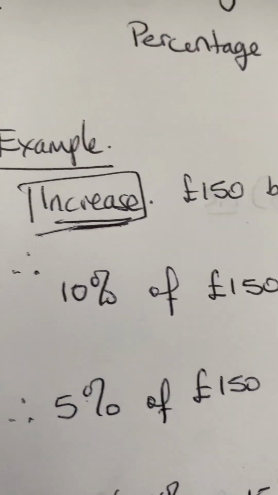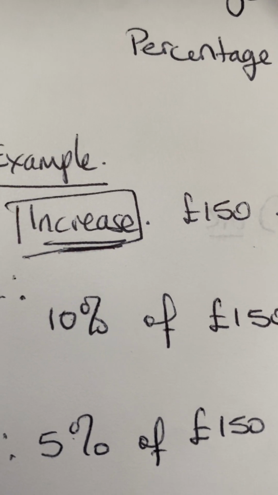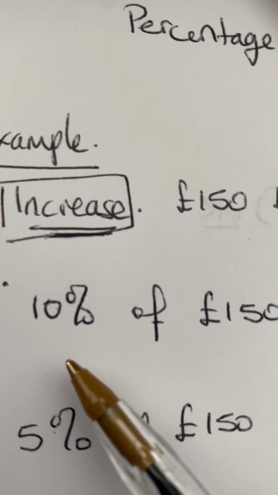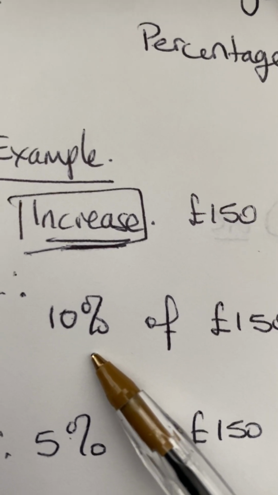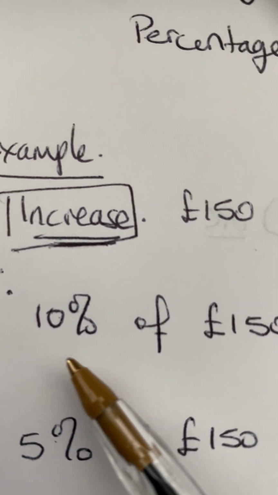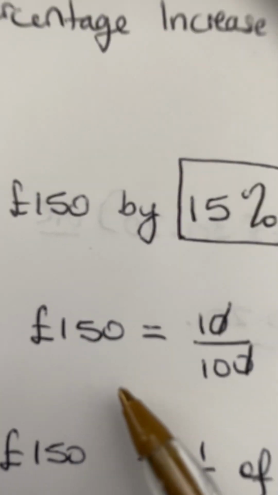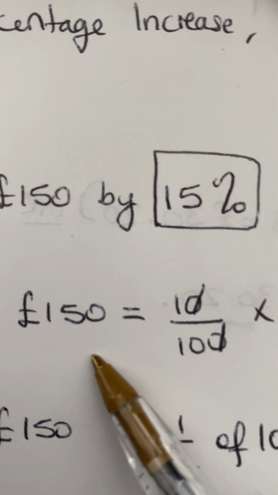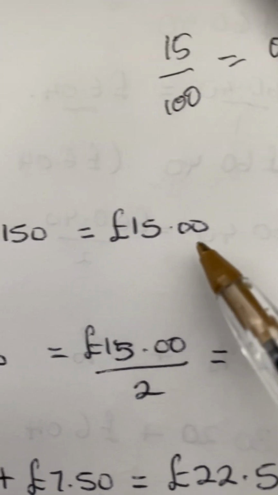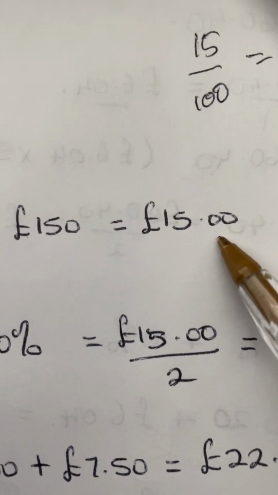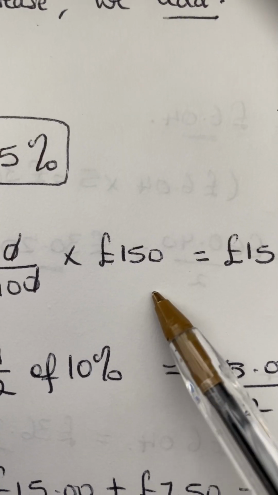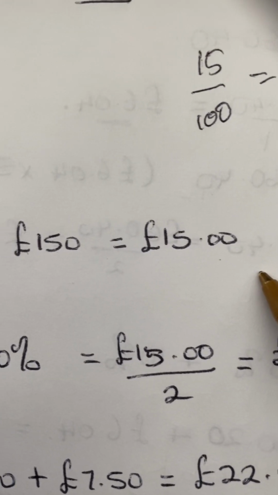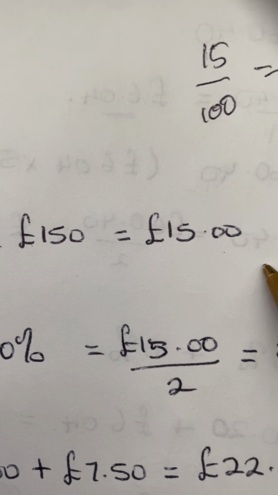Now, assuming you didn't have a calculator, first of all, I will find 10%, which is straightforward. 10% of £150 will be £15. It's like dividing 150 pounds into 10 portions. Okay, that is what it means.